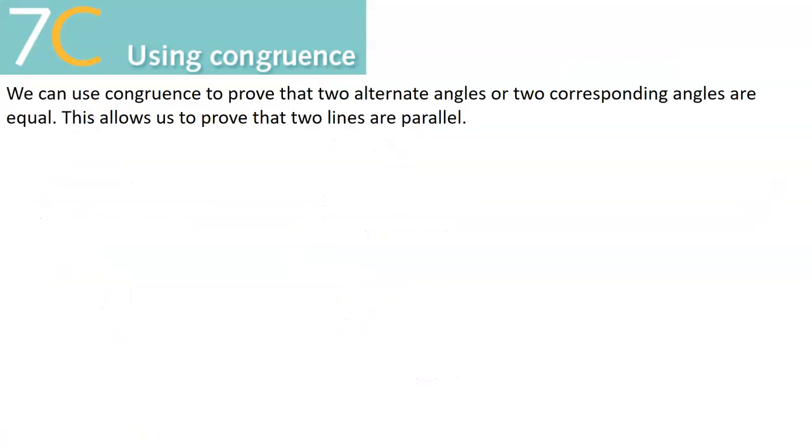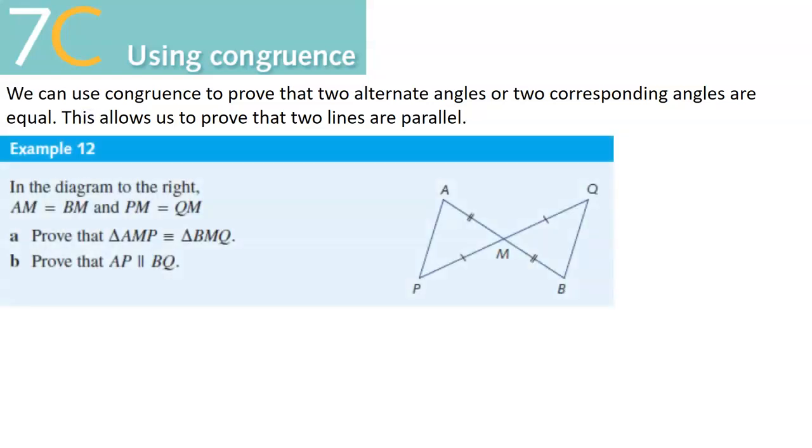Okay, so we can use congruence to prove that 2 alternate angles or 2 corresponding angles are equal, and that allows us to prove that 2 lines are parallel. We had a look at this last lesson as well. In fact, this diagram is quite similar to one that we have looked at before too. So first we need to prove that triangle AMP equals triangle BMQ. So let's start.